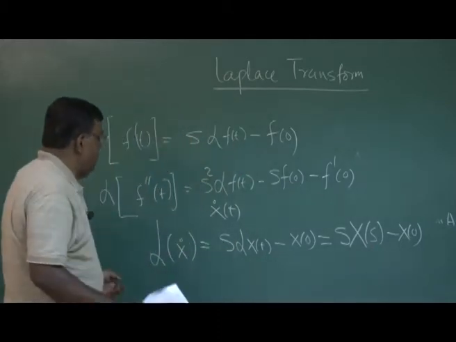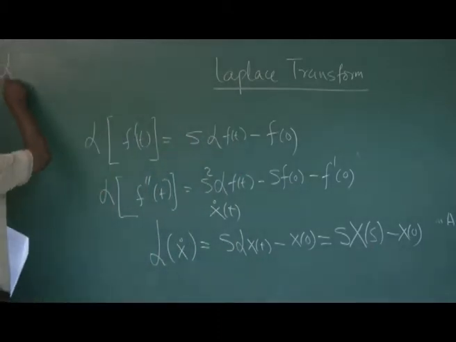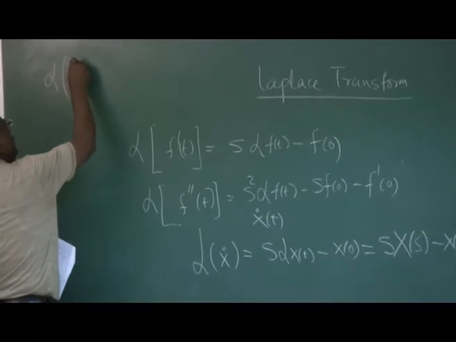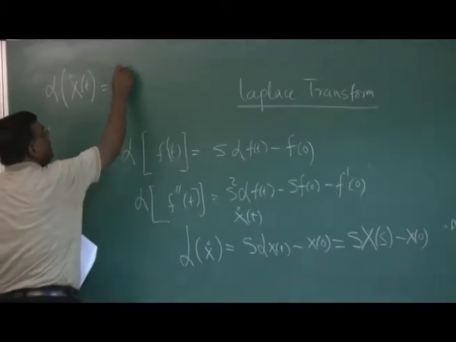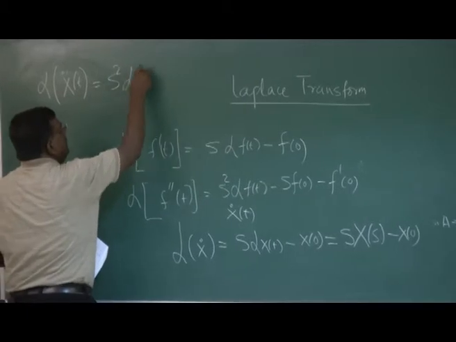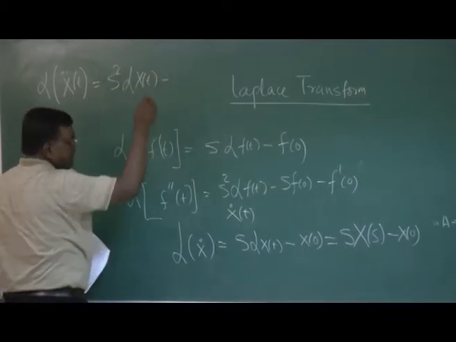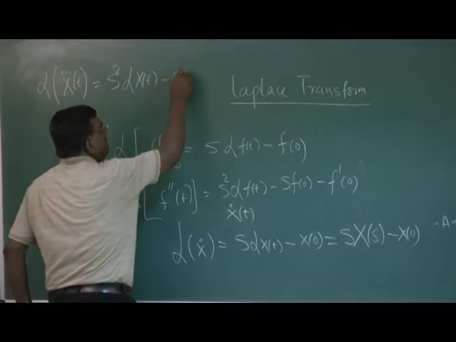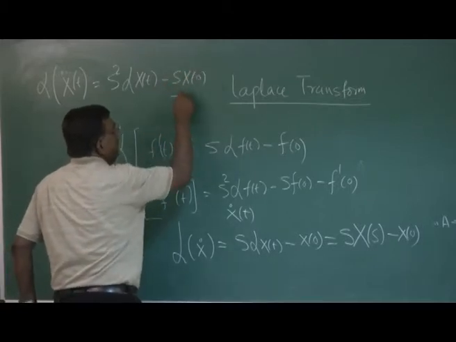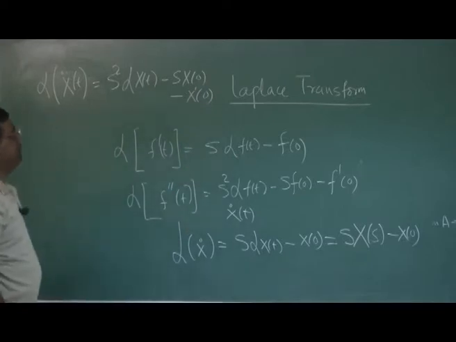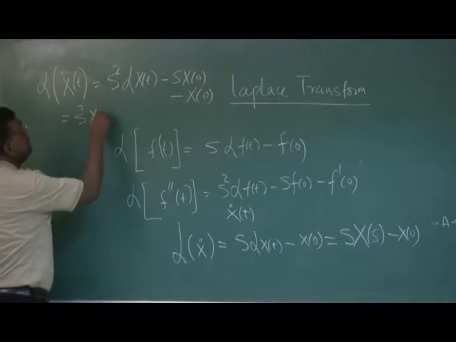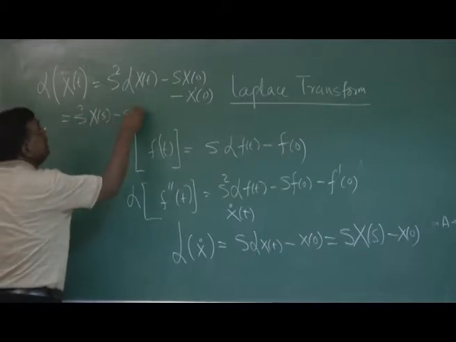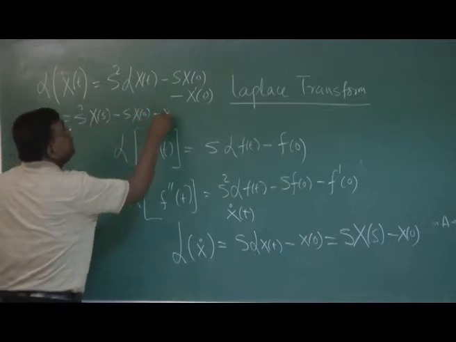Similarly, if I try to find Laplace of x double dot t, I will get s square into Laplace of x of t minus s x of 0 minus x prime evaluated at 0. So this I can again write as s square x of s minus s x of 0 minus x prime 0.